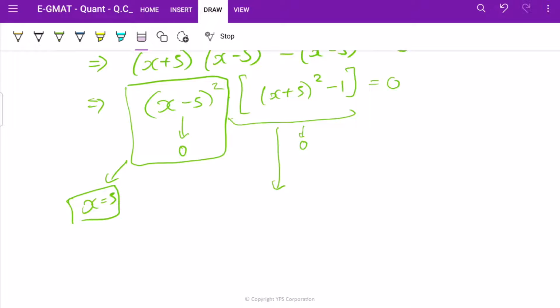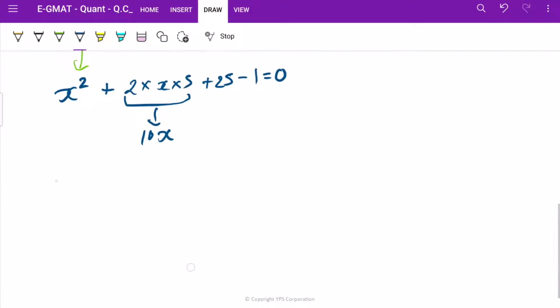Moving ahead and solving this side of the equation, this becomes x squared plus 2 into x into 5, that is 10x, plus 25 minus 1 equals 0. This can be further simplified as x squared plus 10x plus 24 equals 0.